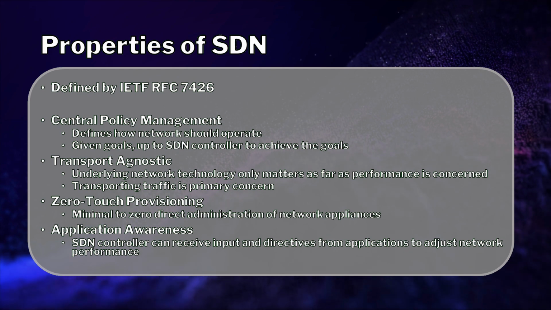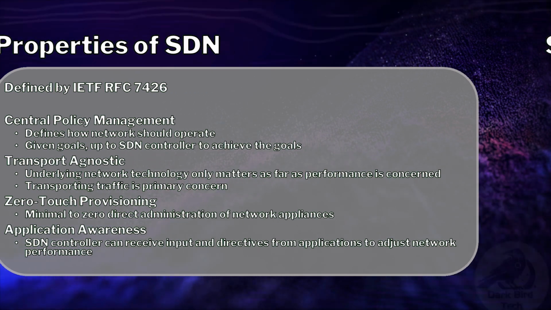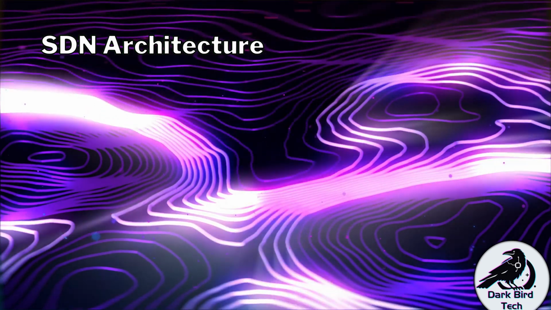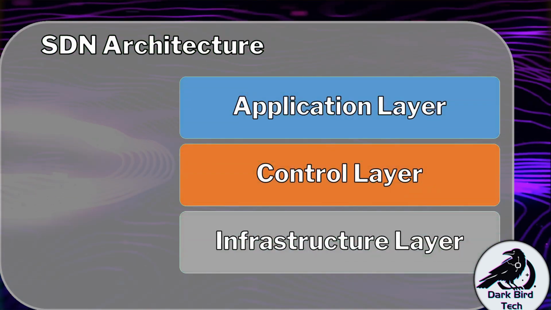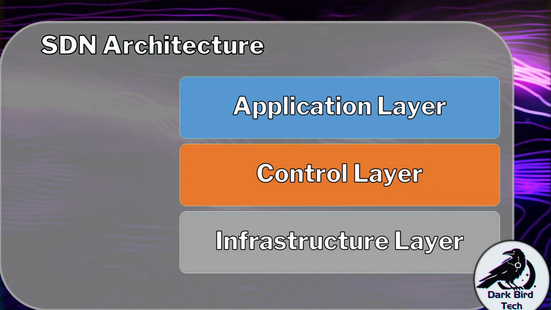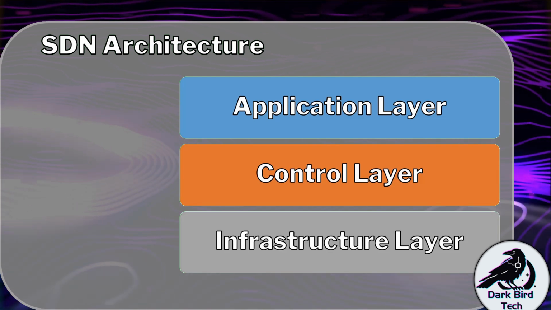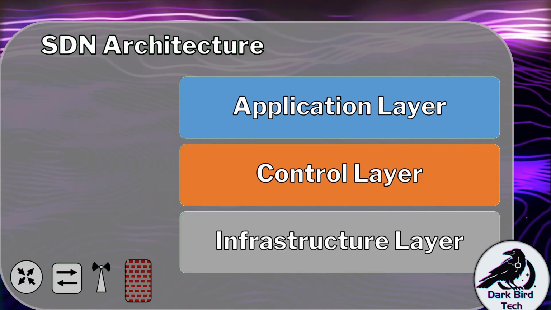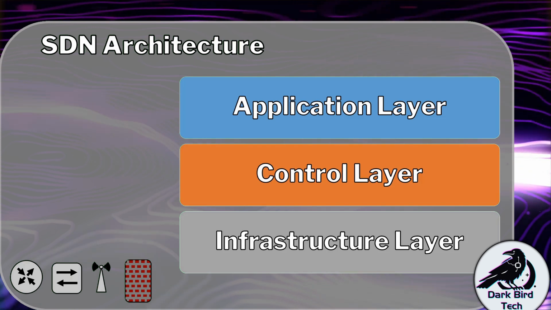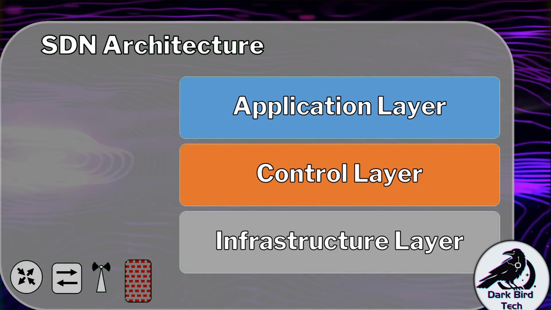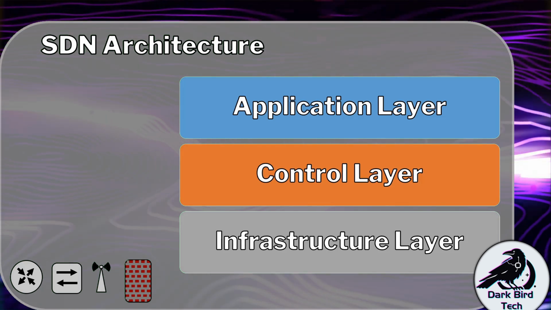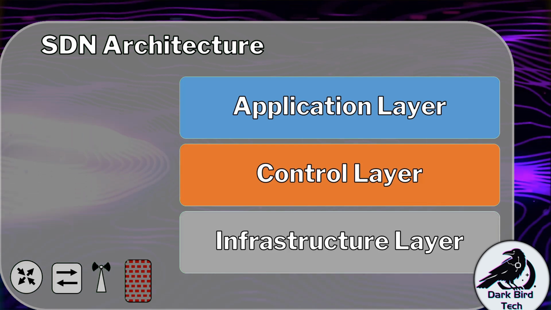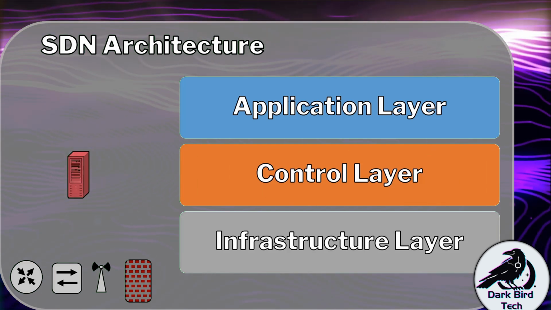It's very, very cool. Now, in terms of how SDN architecture is applied to our networks, we break it down to three main layers: infrastructure layer, control layer, and application layer. Now, down at the infrastructure layer, that's where we will find our various network appliances, whether it be a router, a switch, a wireless access point, a firewall, you name it. And then at the control layer, that is where our SDN server will sit.